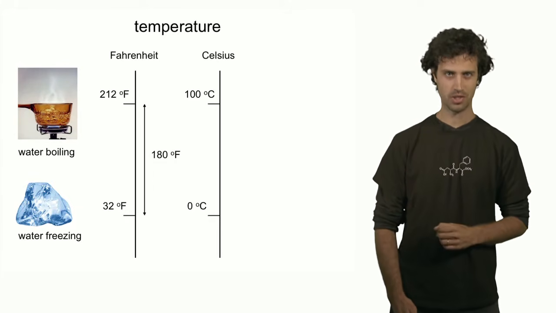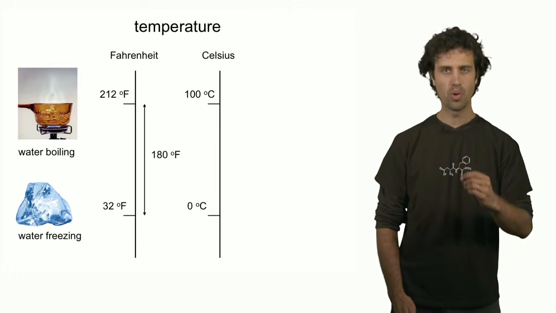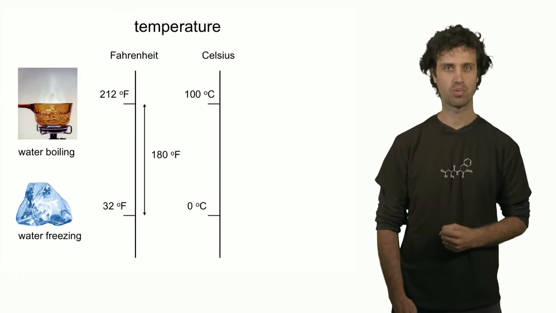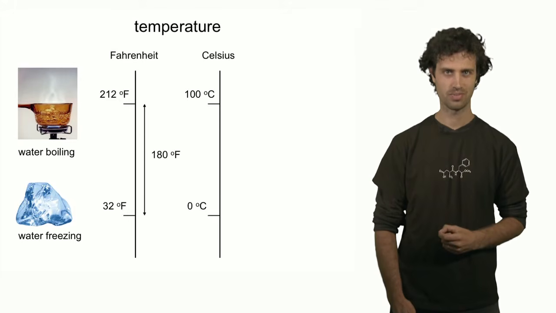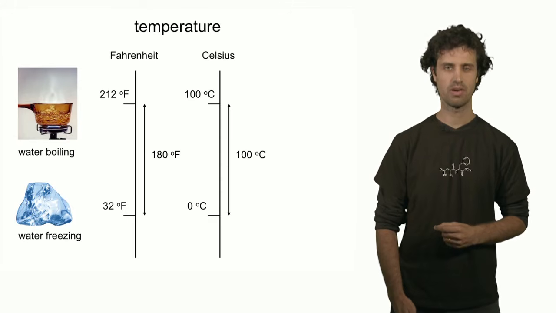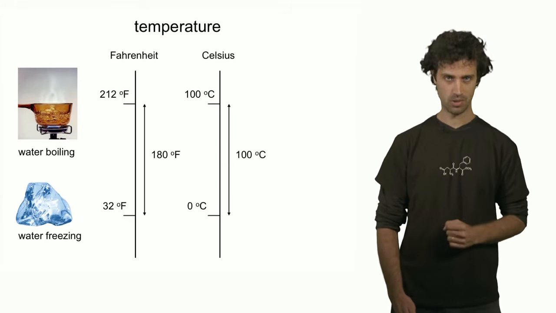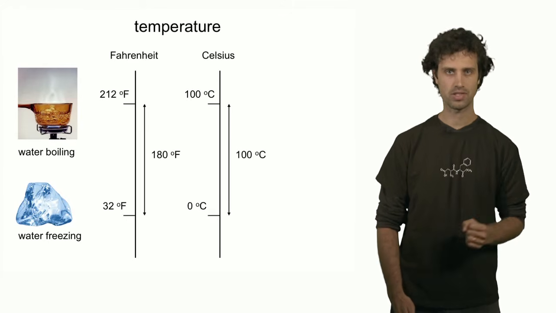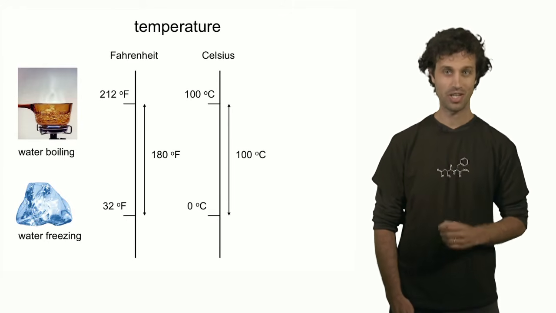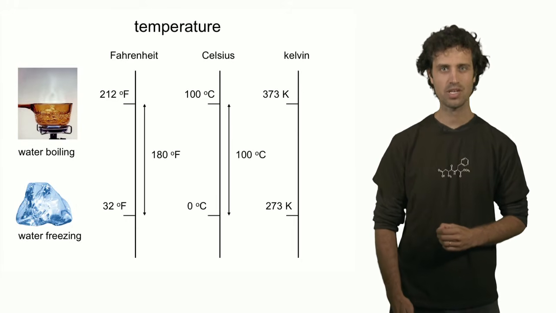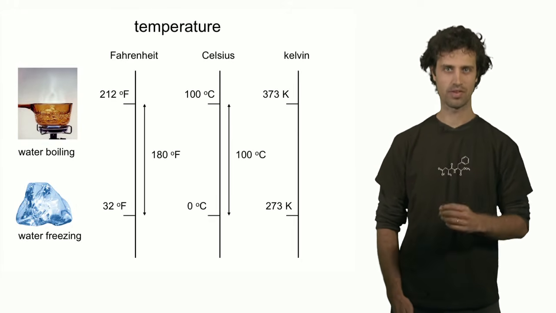Celsius is another temperature scale. The boiling point of water is 100 degrees Celsius, and the freezing point of water is 0 degrees Celsius. In between these two reference points are 100 units of Celsius. The Celsius scale is more frequently used in the sciences compared to the Fahrenheit scale. However, the Celsius scale is not the SI unit for temperature. The SI unit for temperature is Kelvin.